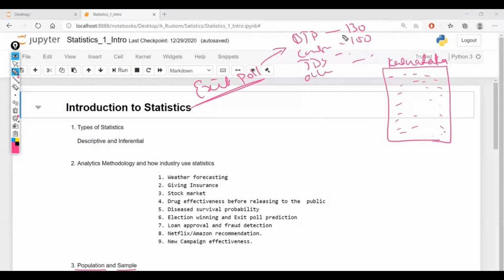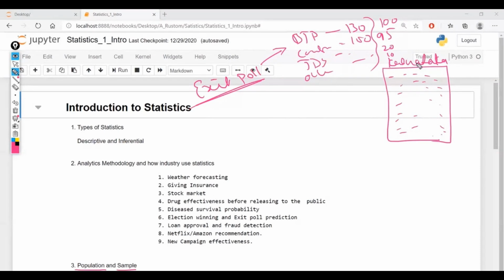So how are they able to come up with these numbers? One channel will come up with one number and another channel's number will change. Maybe they will say 100 here, maybe 95 here, 20 here, 10 there, and different channels will come up with different numbers. How are they able to come up with this?